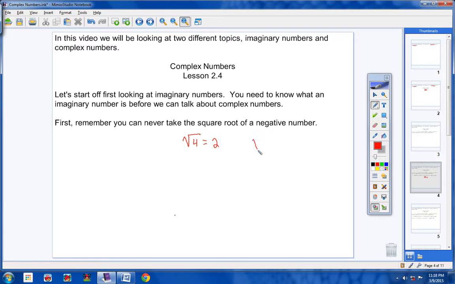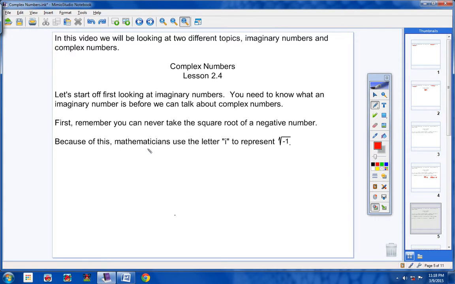However, if I asked you to find the square root of negative 4, the answer would not be negative 2. Okay? Because negative 2 times negative 2 equals positive 4, not negative 4. There's no two identical numbers that you can multiply together that will give you negative 4. And so you cannot take the square root of a negative number. Okay? Please don't forget that.